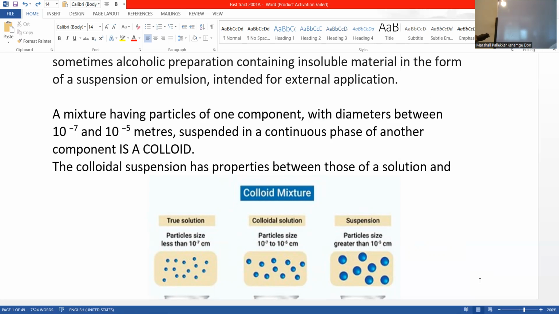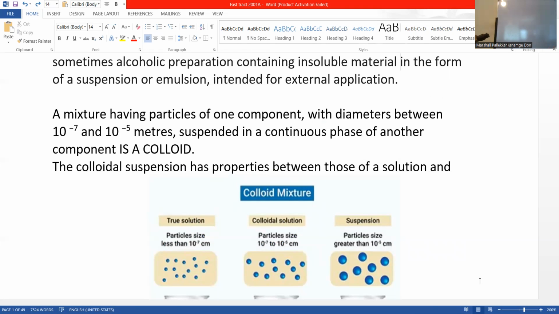They are colloidal solutions, also called colloidal suspensions, because they are in between the solution and the suspension. So in solutions, you get particles less than 10 to the power minus 7.